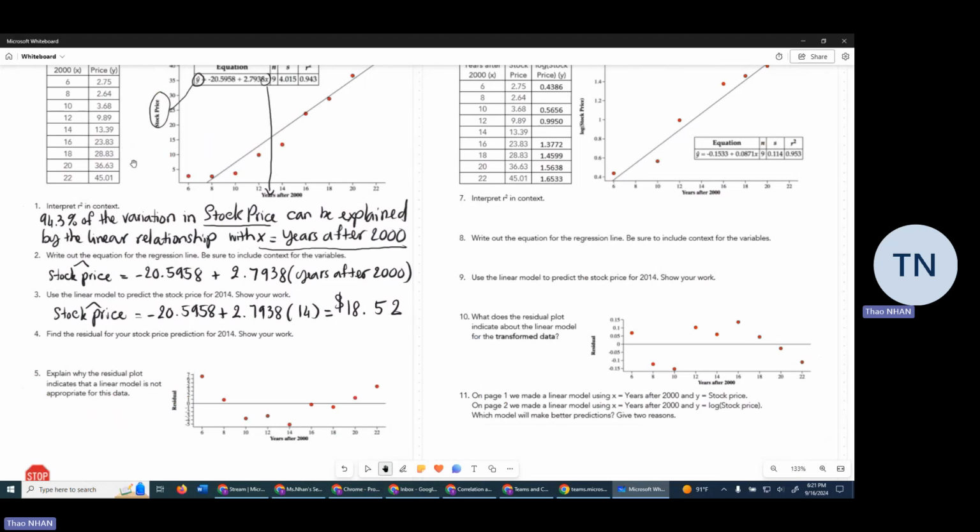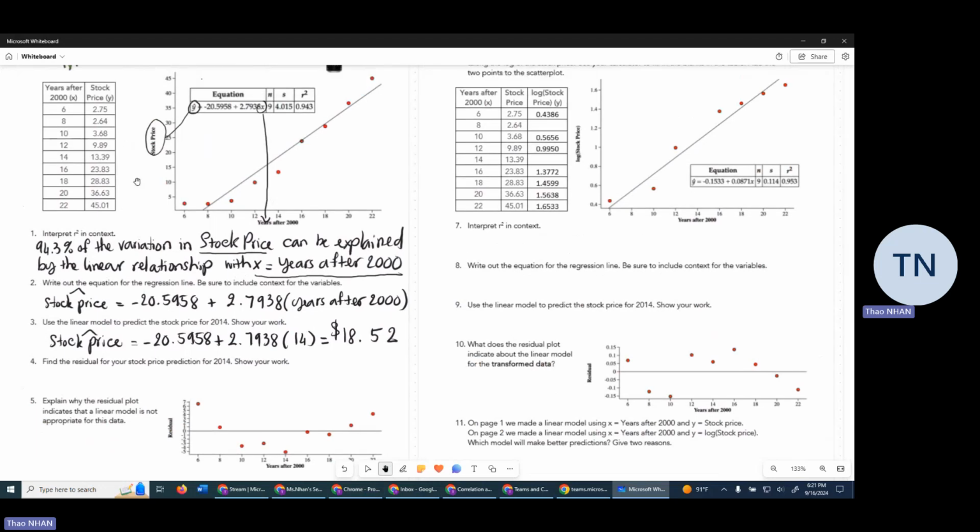Over here, if you were to look at 2014 in your table, you have 13.39. That's the actual, right? The model that you have for the predictions for 2014 is predicting 18.52. The residual here, you will take the actual, subtract the prediction. Okay.